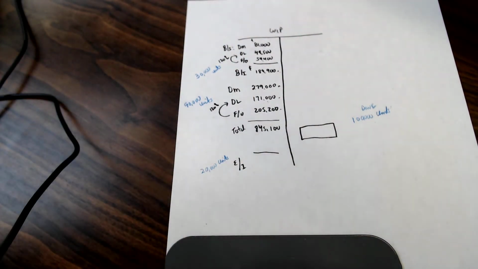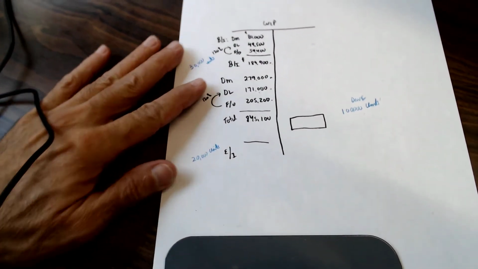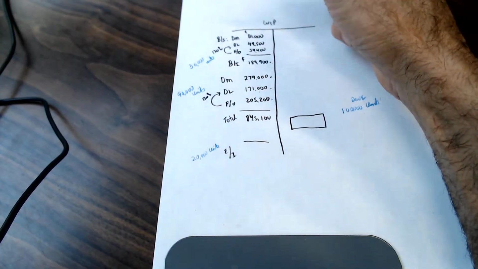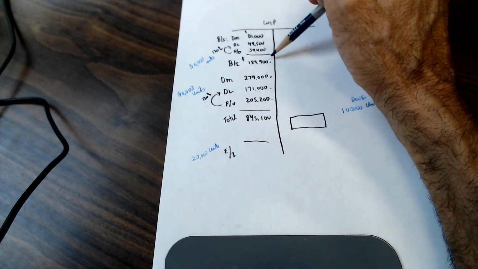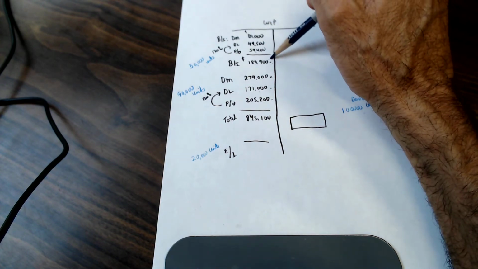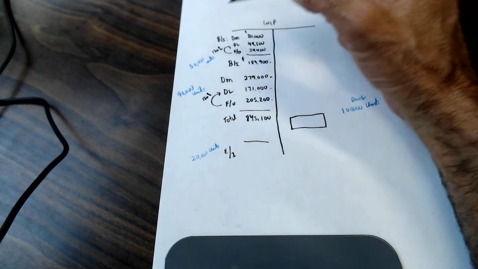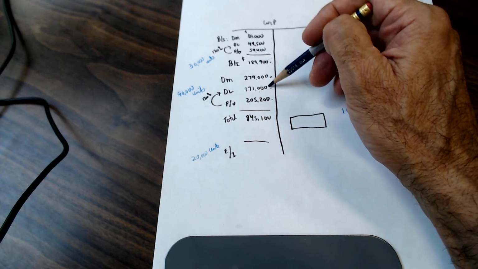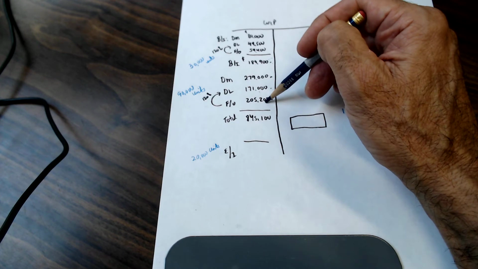So, in this case, here's what we're looking at. Here's our problem: I know that I started with 30,000 units that were not quite done yet. And they already had costs of 189,900 in them. I began brand new another 90,000 units, and I went and got materials of 279,000, labor incurred of 171, and factory overhead applied of 205,200.